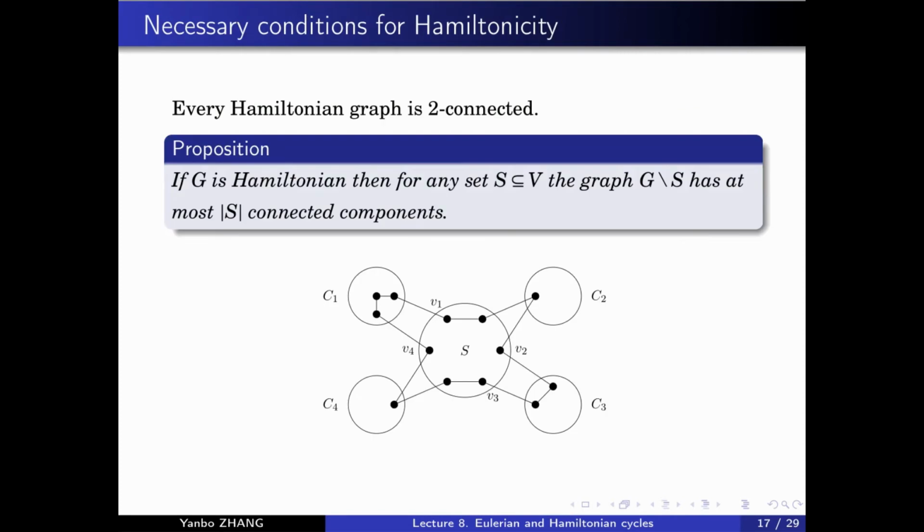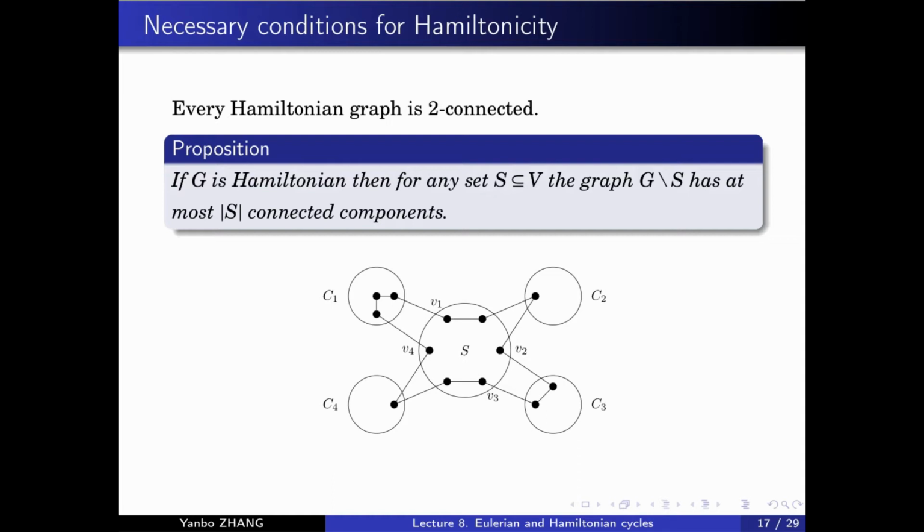Now we seek some necessary conditions for Hamiltonicity. First, every Hamiltonian graph is two-connected, because deleting a vertex leaves a subgraph with a Hamilton path.